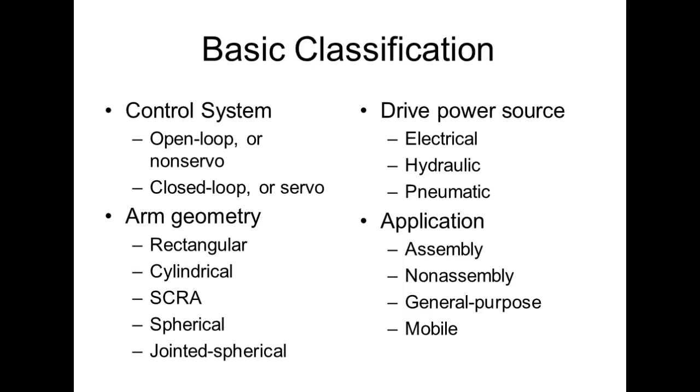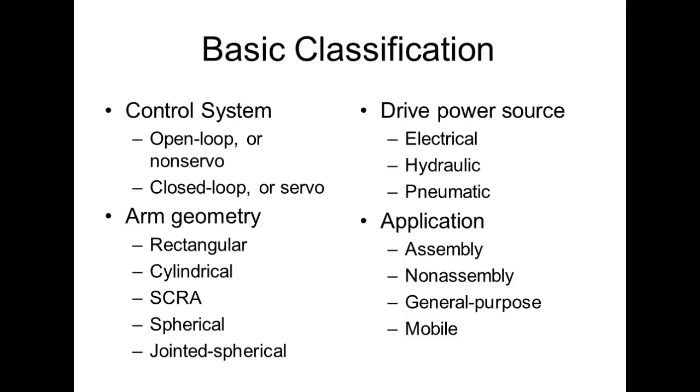Then we have cylindrical, which we've already looked at. Then we'll look at a type of robot. This is a type of category robot. It is a cylindrical robot, but it's a jointed cylindrical. So it's not going to do a perfect cylinder, right?